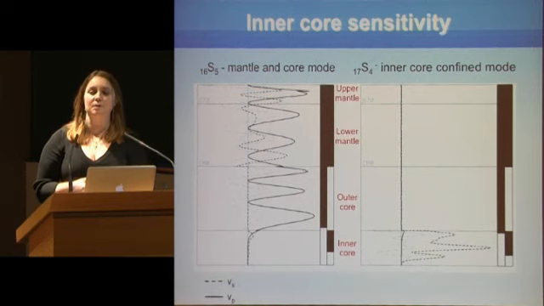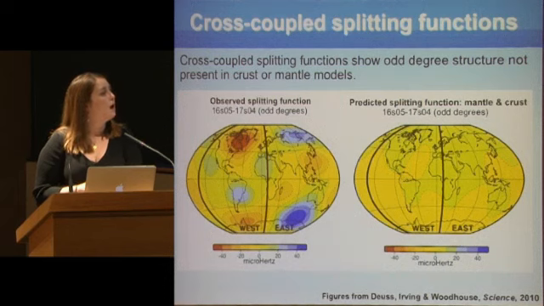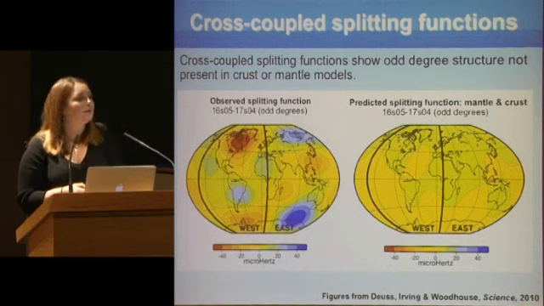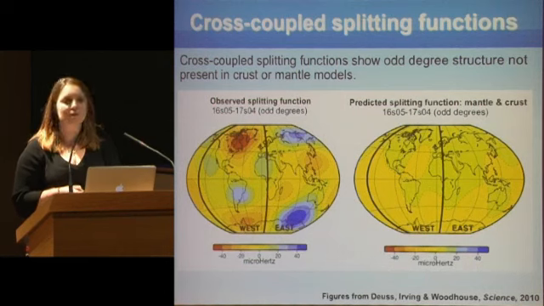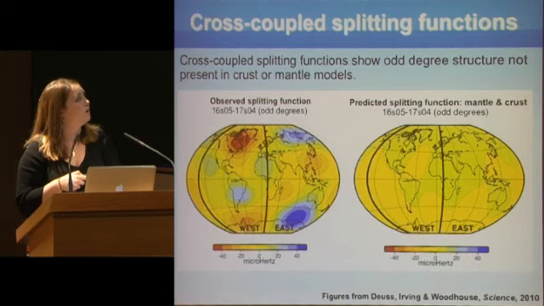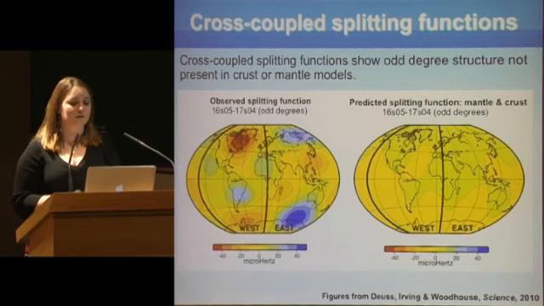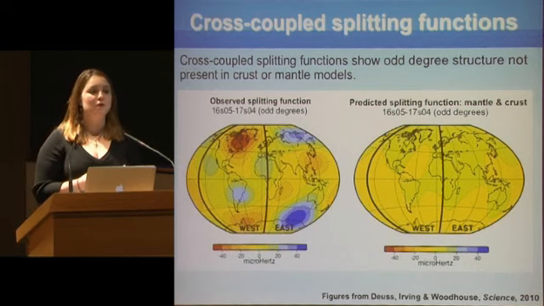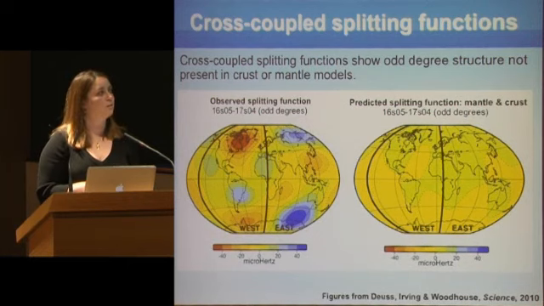So we can make this splitting function observation, and we observe this distinct hemispherical pattern. So we have the west, which has opposite signature to the east. So where we have red in the west, we have blue in the east, and vice versa. And if we make a prediction without hemispheres in the inner core, we would predict nothing to be seen.